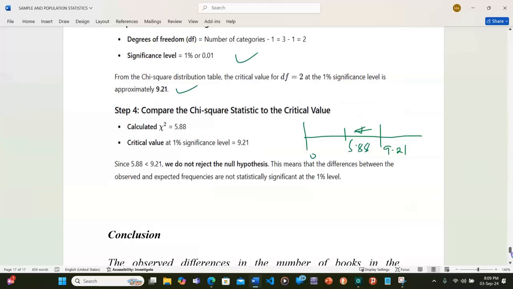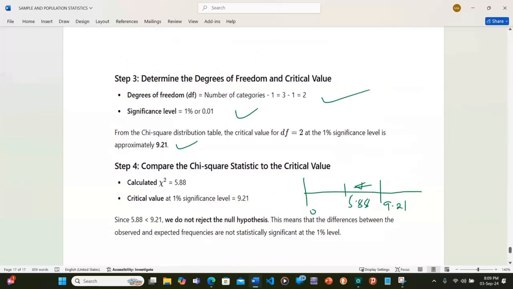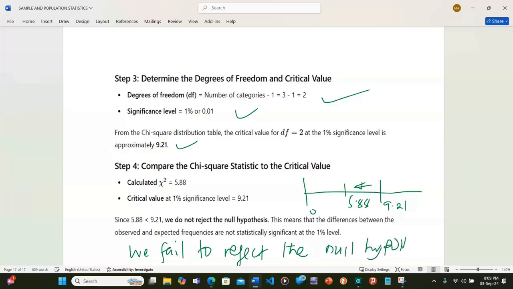So we are saying we fail to reject the null hypothesis. This means that the differences between the observed and expected frequencies are not statistically significant at the 1% level.